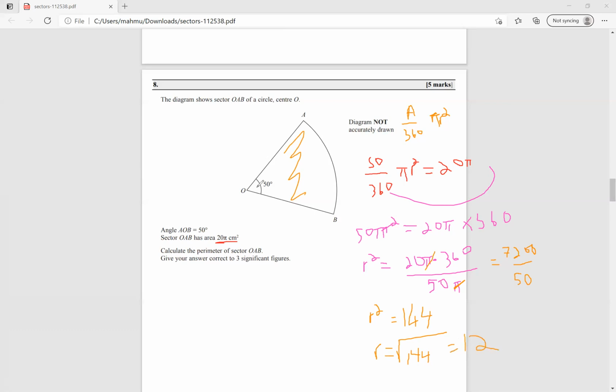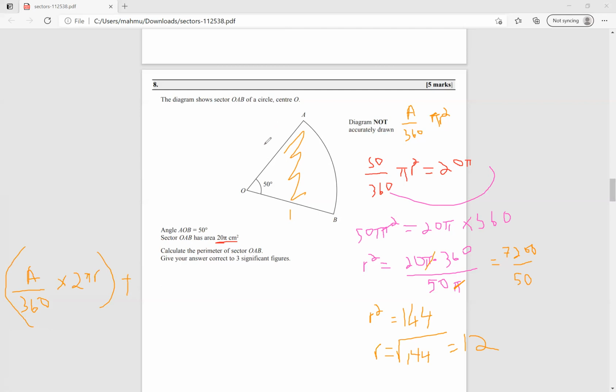Now using the radius, I could work out the perimeter using this formula. So again, angle A over 360 times 2 pi r. That's the first part. Then add the two sides, 1 and 2.